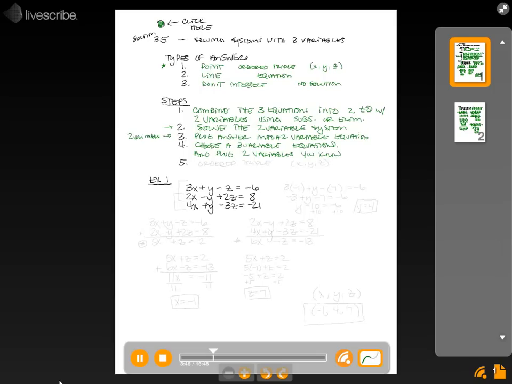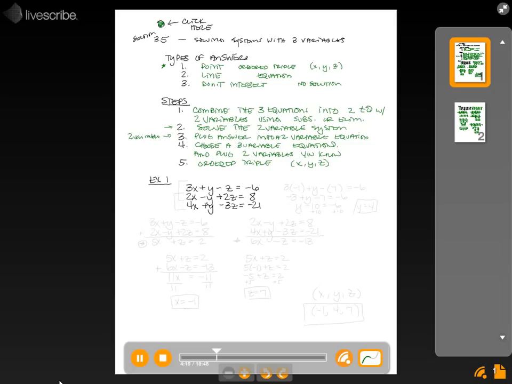So at step 4, you should have all three numbers to your problem. Step 5 is to write it as an ordered triple. Remember that's x, y, and then z, in a set of parentheses, with commas between them all, just like you would write an ordered pair.